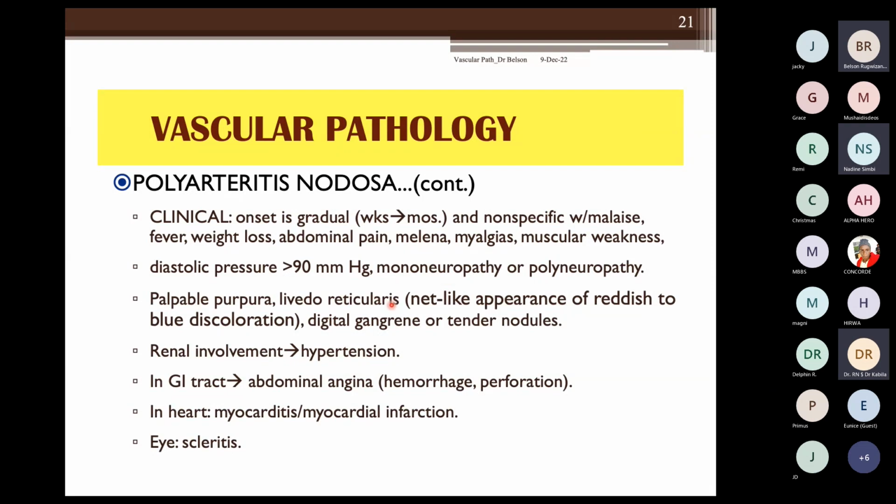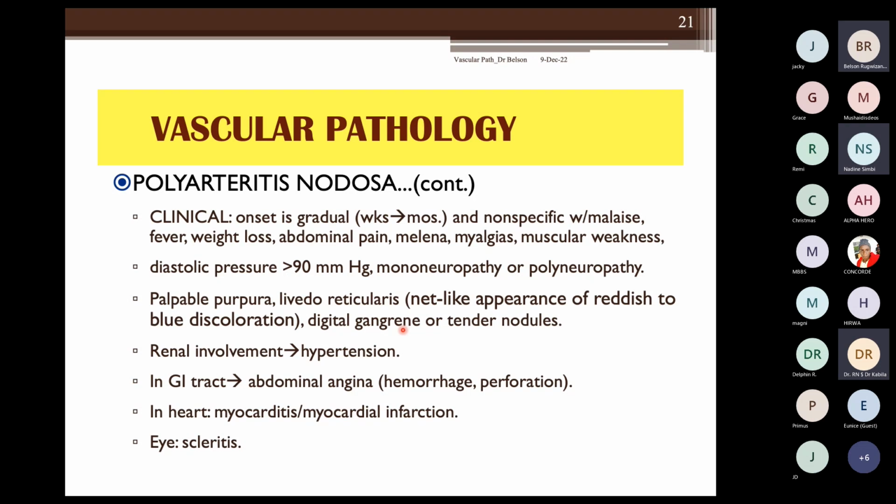Purpura livedoreticularis, abameze nk'afite utupeteshie ariko tukoze ibintu bimeze nka net cyangwa se nka supernet and so on. So gangrene, digital gangrene, meaning that the digits ashobora kuba intoki cyangwa amano ntabwo bigeramo amaraso, then they undergo ischemia and necrosis.